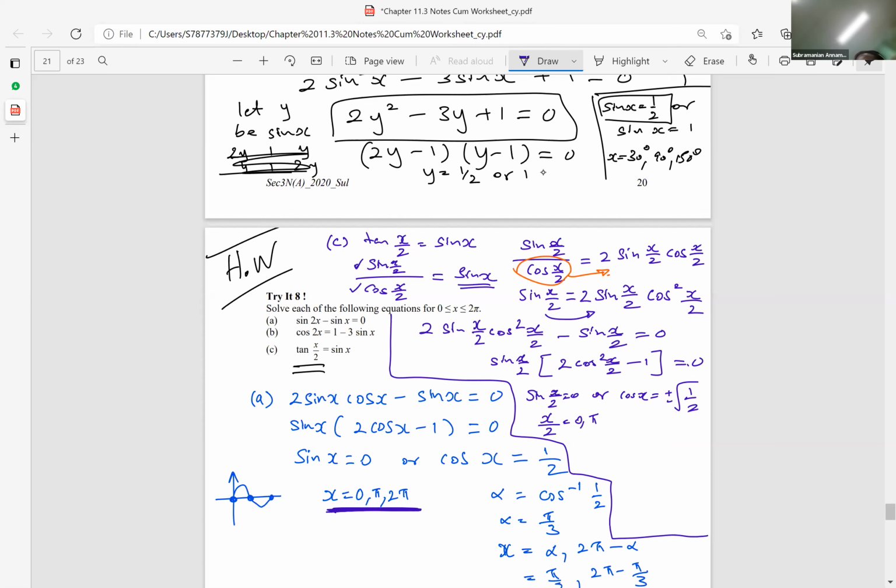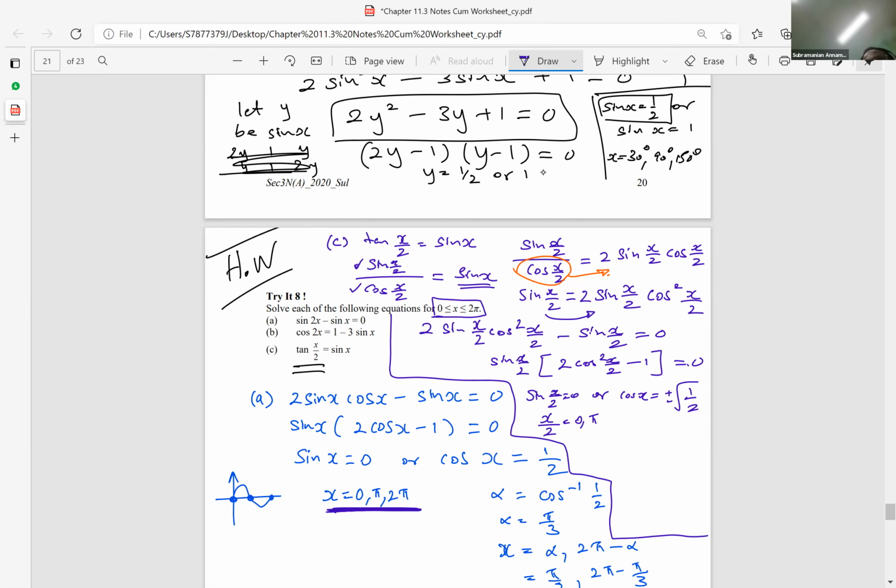But why is it that here we only take 0 and pi only, not 2 pi? This goes back to your earlier understanding, because your x is bounded by 0 to 2 pi, but now it's x over 2. So when I make the range x over 2, it becomes 0 to pi only. Understand? The range is being shortened.